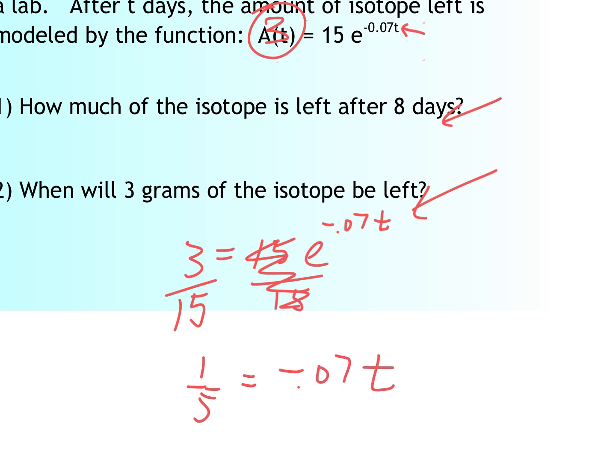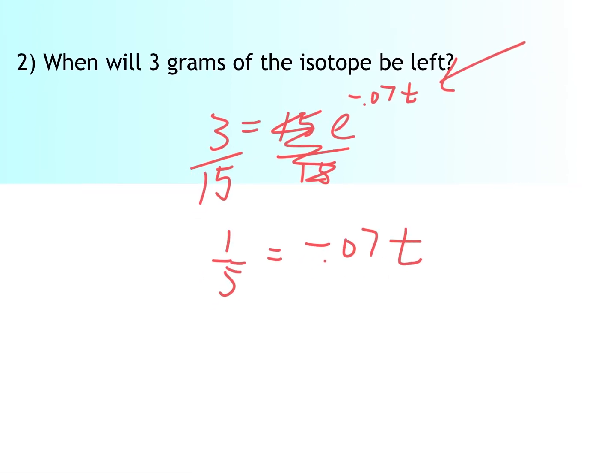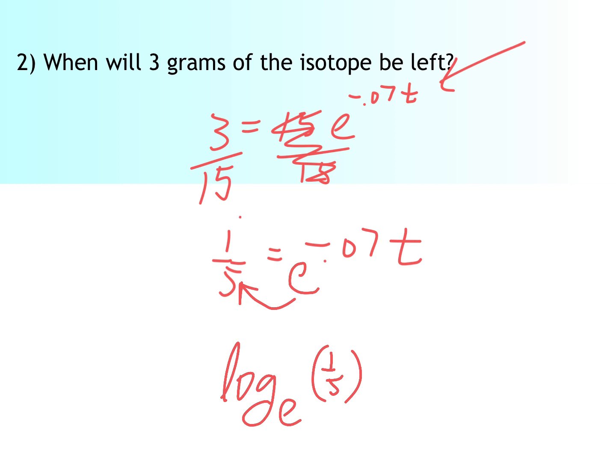You take the natural logarithm of both sides and then divide by -0.07. Log base E, aka ln, of the 1/5, because this is a rewrite, and I put that in parentheses to show it's the argument, equals negative 0.07 t. And the final step, Mr. P.